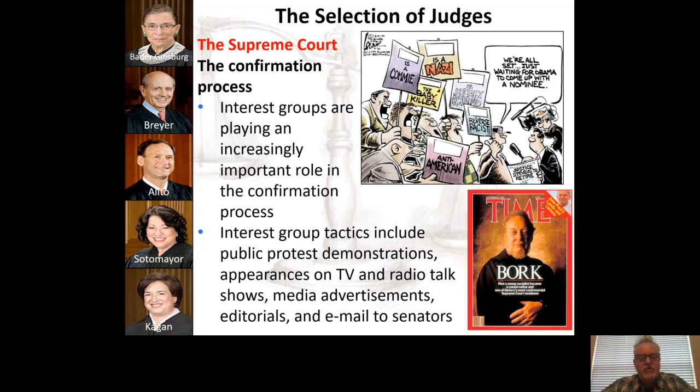And so they tried to put ads on television describing his political positions during the nomination process. It was a very close vote, but it was determined that he was not going to receive confirmation by the vote, and so he backed out. Reagan removed his name from nomination.